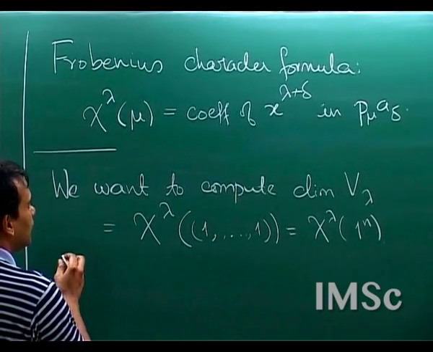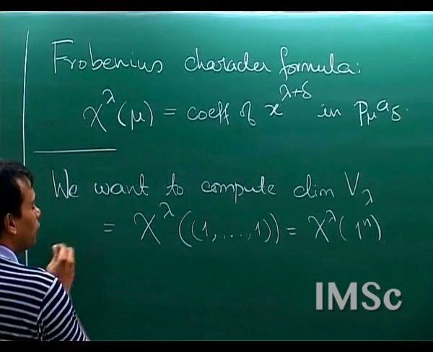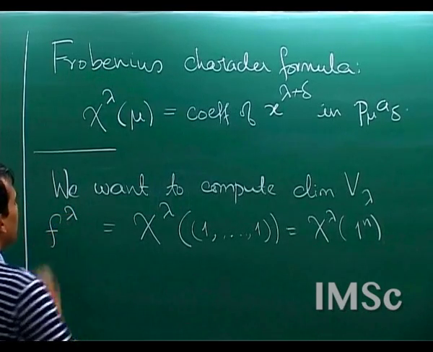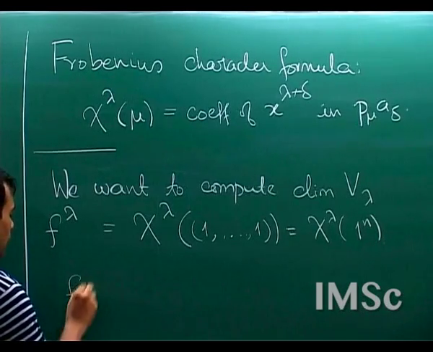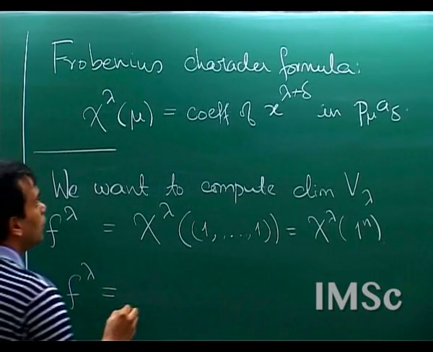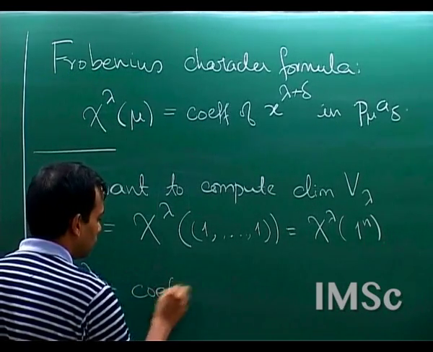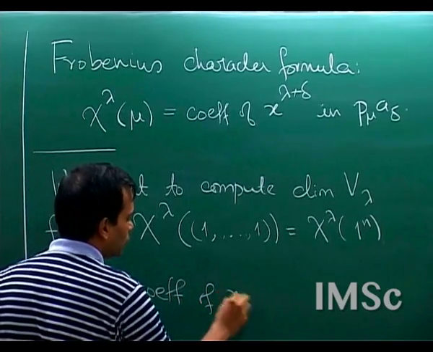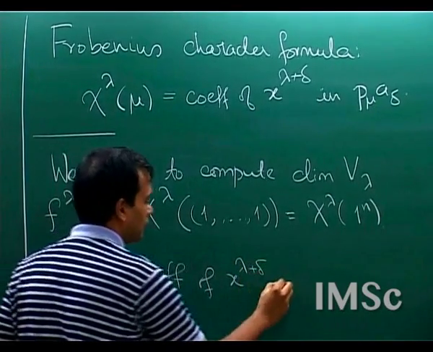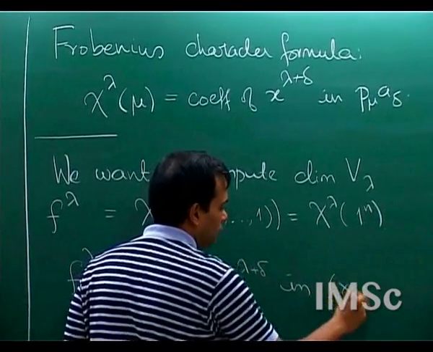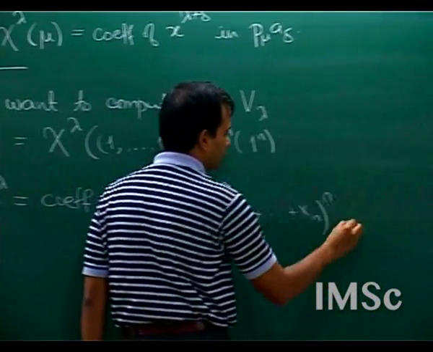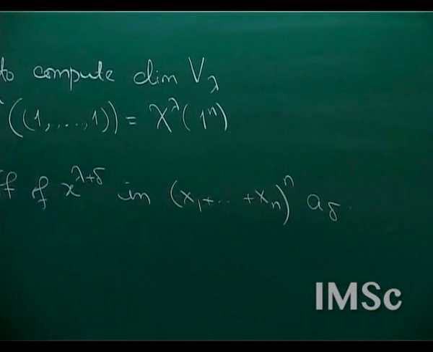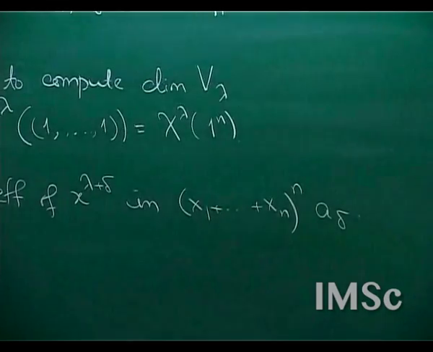We'll call that f lambda, the number of standard Young tableaux of shape lambda. So f lambda is equal to the coefficient of x to the power lambda plus delta in (x1 plus ... plus xn) to the power n times A delta. So we just need to do this.